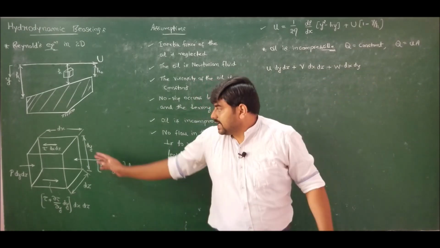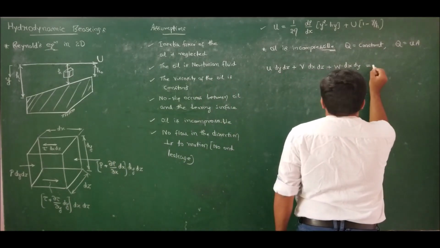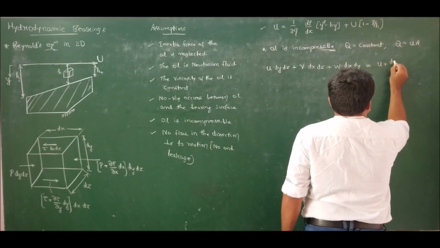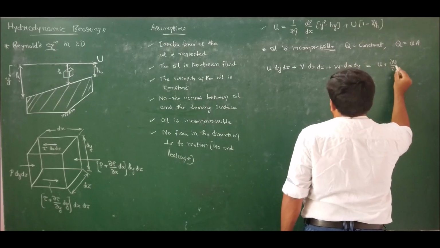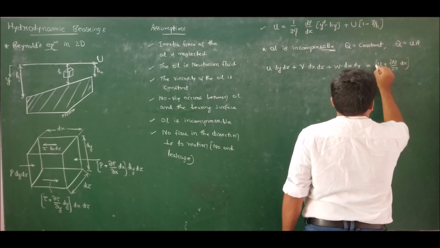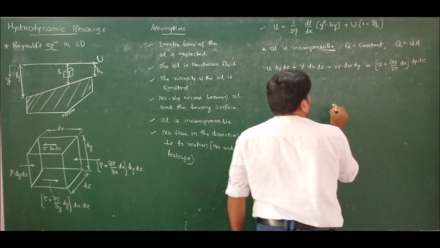Leaving, there will be rate of change, right? So when it leaves, we have the rate of change, that is (u plus dou u by dou x dx) of dy dz.